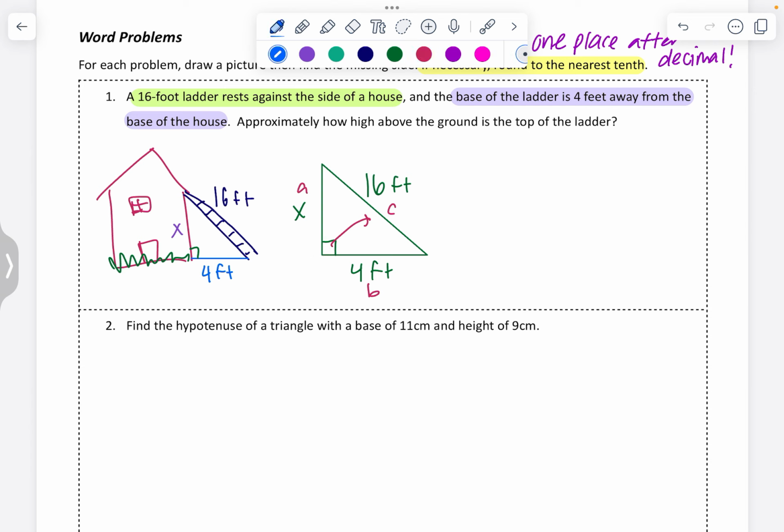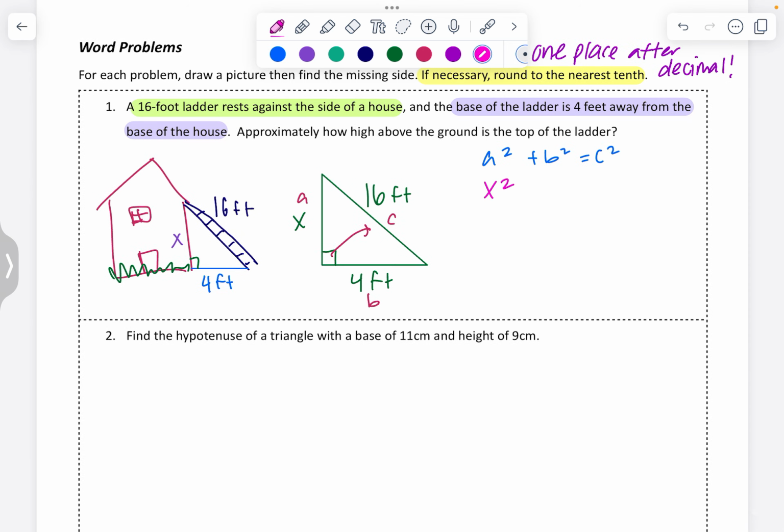Now we have enough information where I can go ahead and say A squared plus B squared is equal to C squared. And then we go through the motions, right? A is X, so I'm going to put X squared plus B is 4, so 4 squared is equal to C is 16, 16 squared, sorry. And then we solve.